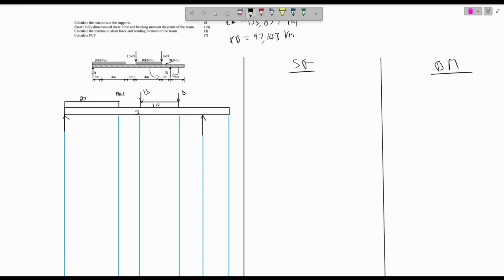Let's label the points A, B, C, D, E, F. So this will be RA.